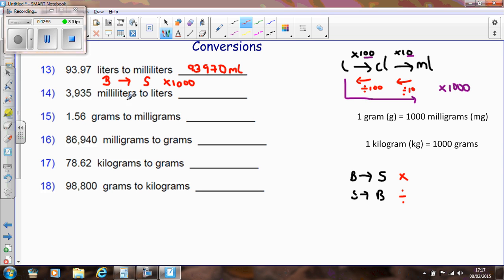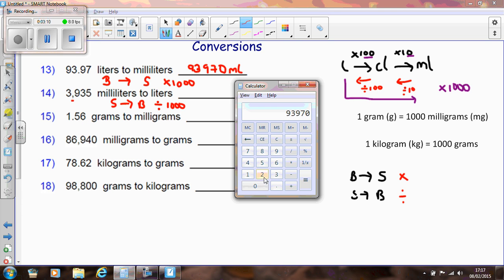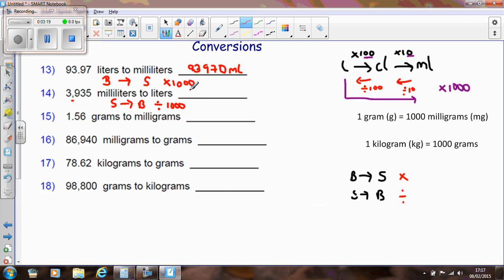So let's have a go at millilitres to litres. So it's basically the opposite, going from small to big, which means that we've got to divide. We've already said that there's 1,000 millilitres in a litre, so we'll divide by 1,000. This little comma here just means that it's 1,000, so when you actually put it in your calculator, you can ignore it. So you can just put 3,935 divided by 1,000, and we get 3.935.